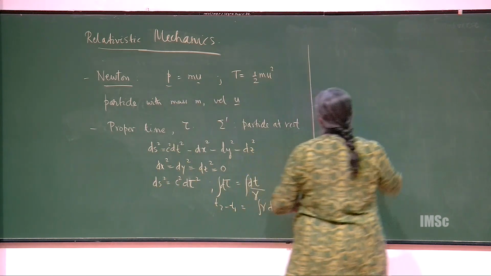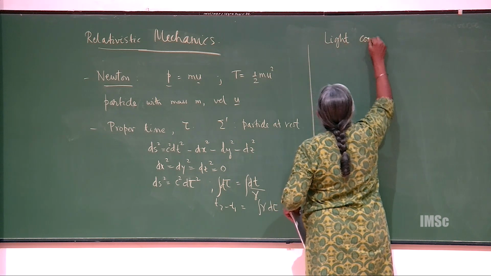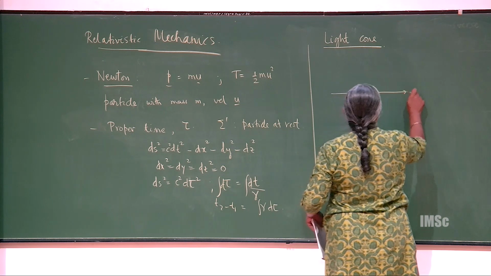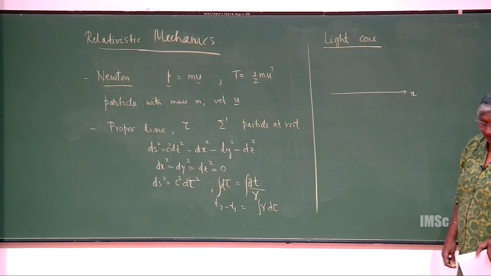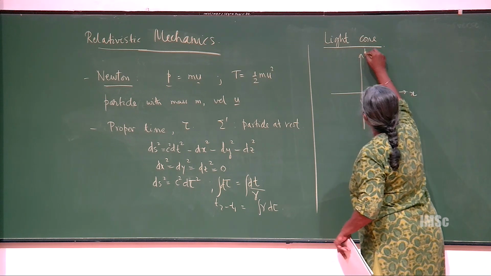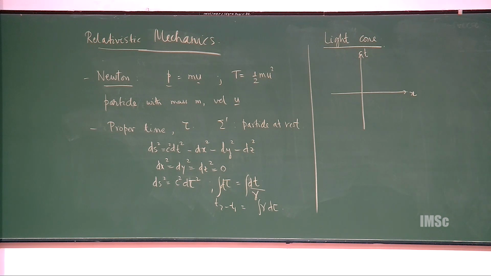Now I want to come to the notion of a light cone. I already referred to this, but again this is my 3 dimensions x, y, z, which I cannot draw, and this is the time t, and I make it a distance by calling it ct. So this is my 4-dimensional space time. Its components are ct, comma x, comma y, comma z.